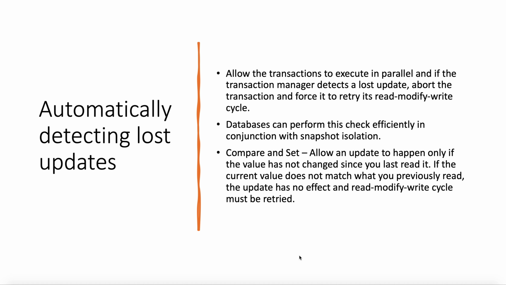An advantage of this approach is that databases can perform this check efficiently in conjunction with snapshot isolation. But it is still argued that a database must prevent lost updates in order to qualify as providing snapshot isolation, and that is the reason MySQL does not provide snapshot isolation under this definition.